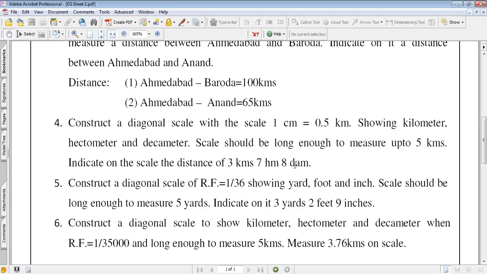Okay, so what is the first procedure, first step? Find RF. Very good. What is RF?